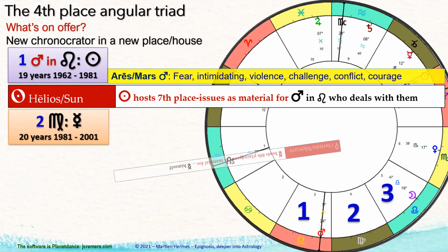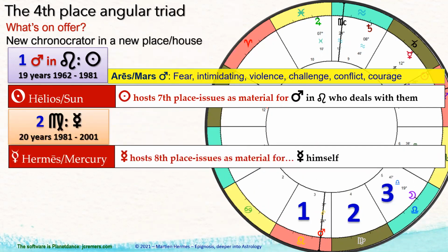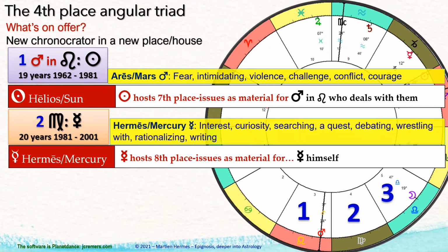Okay, the second period is, of course, the eighth place issues, and that's material for, I think, Mercury himself, because there is no planet in the Virgin in your chart. So I think Mercury is left to his own devices to try to deal with everything. And that's two things: interest, curiosity, searching, trying to get to a certain idea or conclusion about things. It's a quest, perhaps debating things, wrestling with things, rationalizing them, but also perhaps writing about it or studying them.